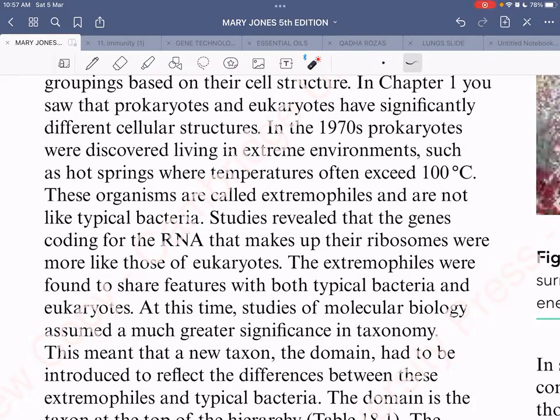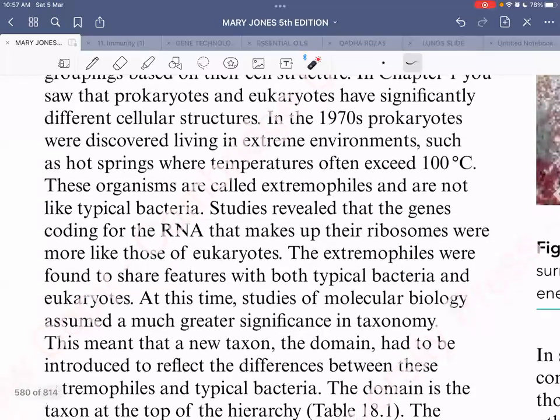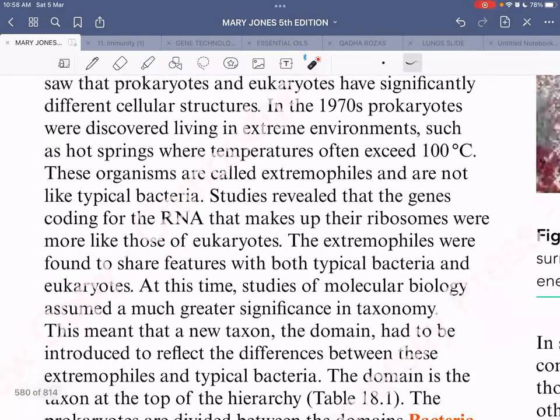Yes, miss. They have ribosomes. लेकिन ये जो खास बैक्टीरिया है, जो थर्मोफिल्स हैं, their ribosomes के genes coding for the RNA, they are a bit similar to eukaryotes rather than being similar to prokaryotes. The extremophils were found to share features both with the typical prokaryotes and with some of the eukaryotes.